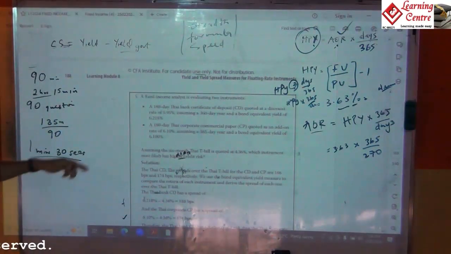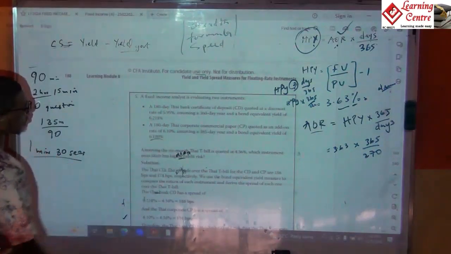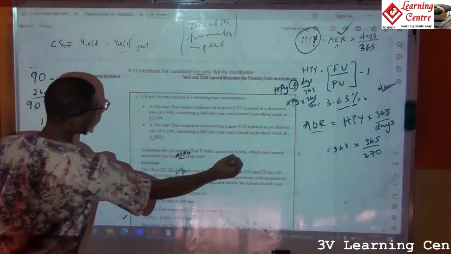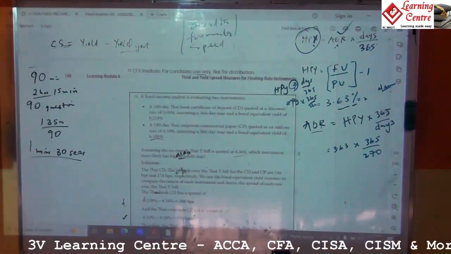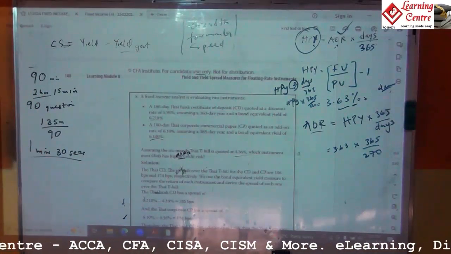So we have those yields. We have the government equivalent for 0.36, right? And this one has a 1.86 spread over the government.